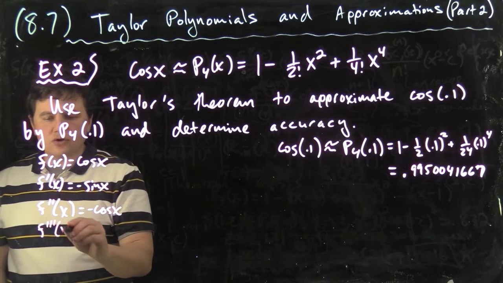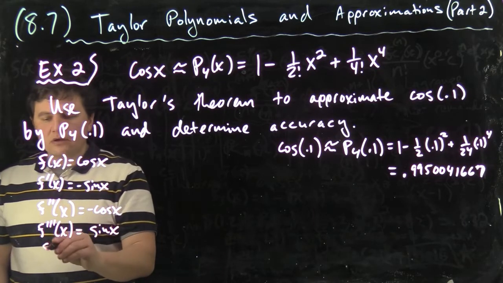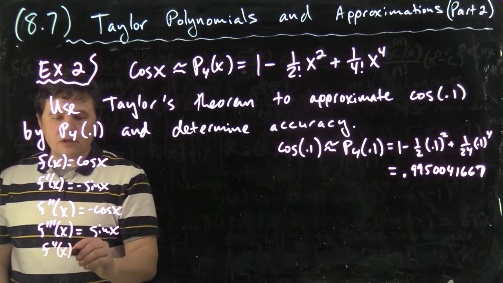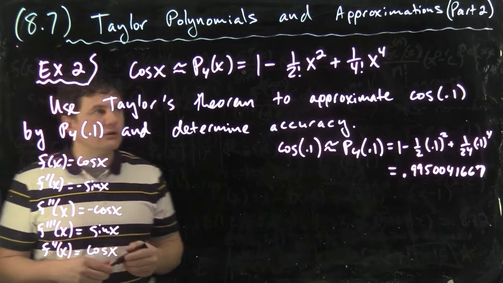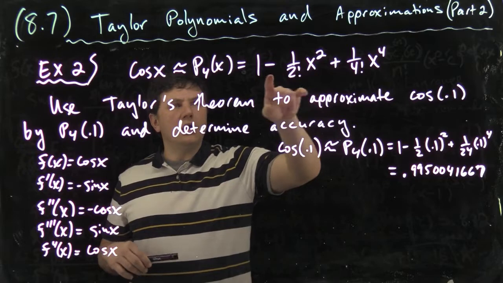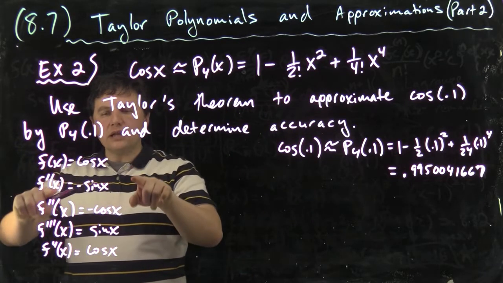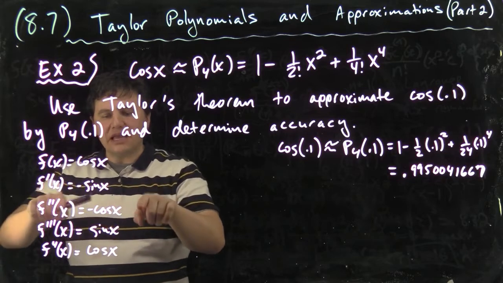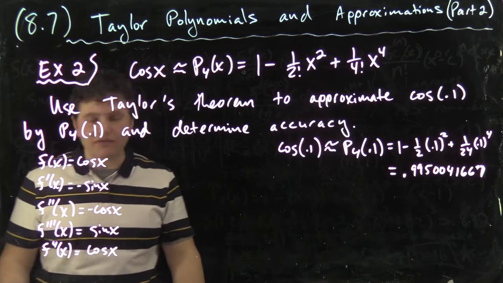Our triple derivative is going to be positive sine x, and the fourth derivative is going to equal cosine x. If we plug x equals 0 into this, we get 1, 0, negative 1, 0, and 1. That gives us that alternating pattern, and then we divide by the factorials.